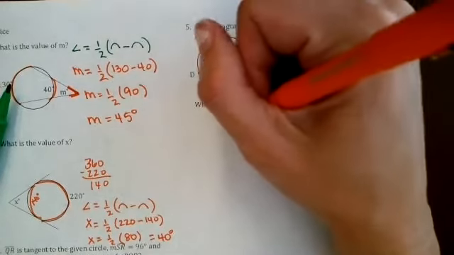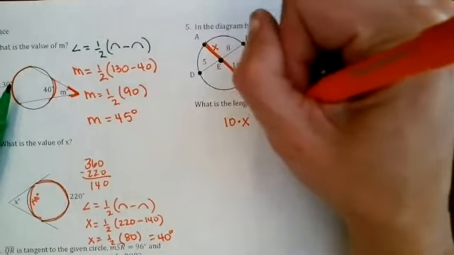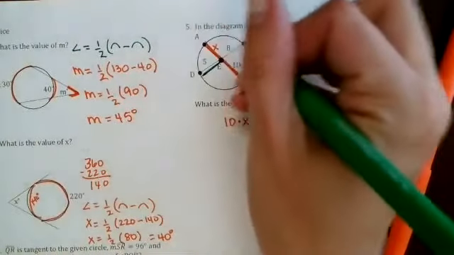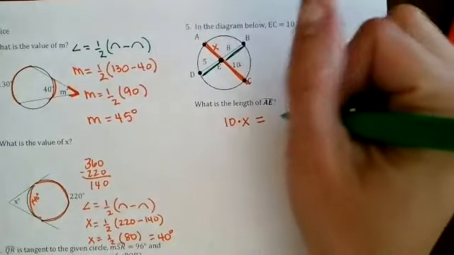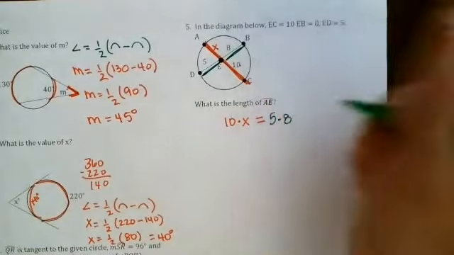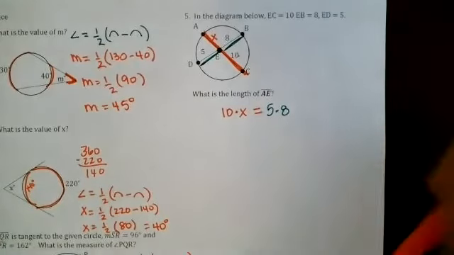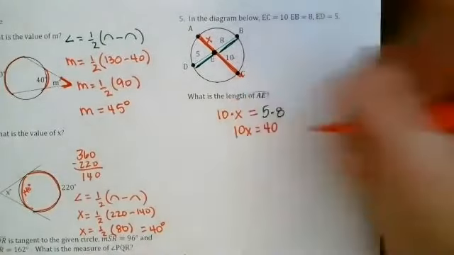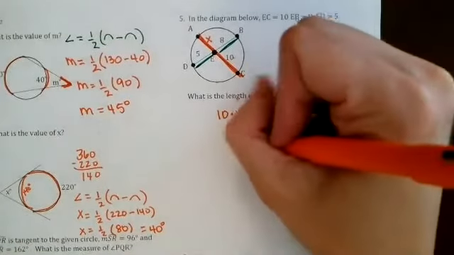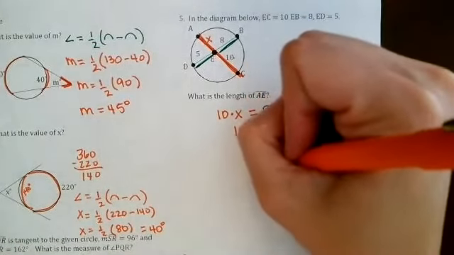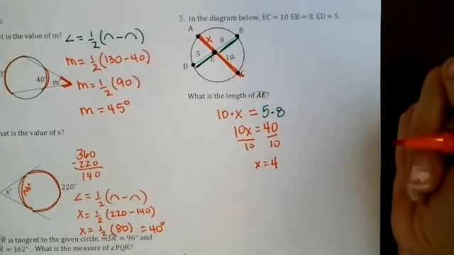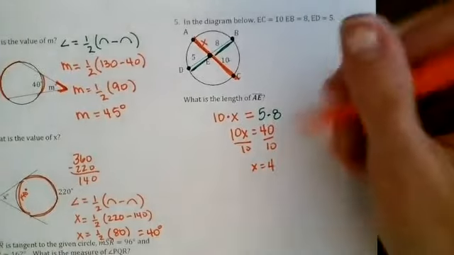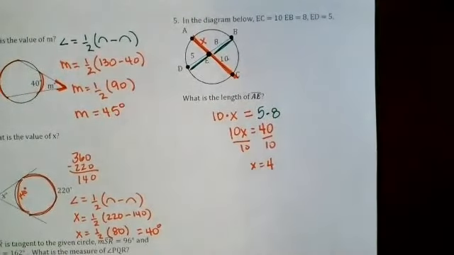So I'm going to say 10 times X has to equal, now I have to take the two parts of my other chord and multiply them together. 5 times 8. So on this side, I have 10x. On this side, I have 40. We divide by 10 and we get x is equal to 4. X represented AE, so you've answered your question.